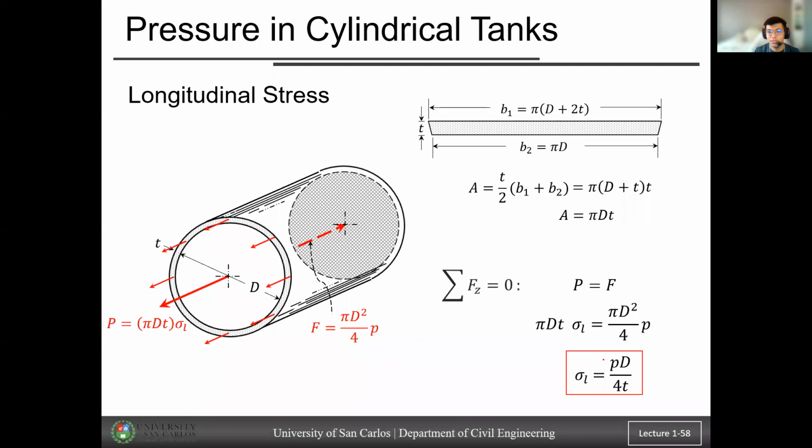So again, if you want to understand the derivation, you may also do that so that you may understand where you are coming from with the basic formula of force over area. Since it's longitudinal, the force is kind of perpendicular to the area, right?